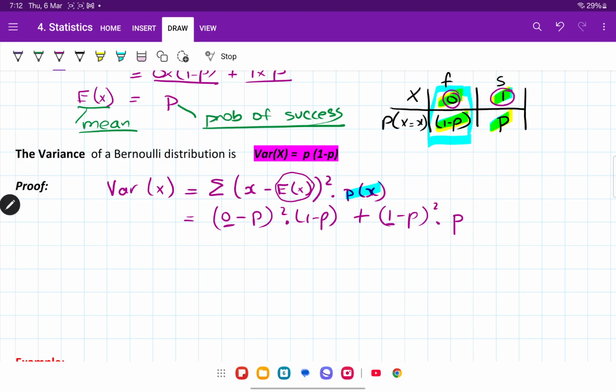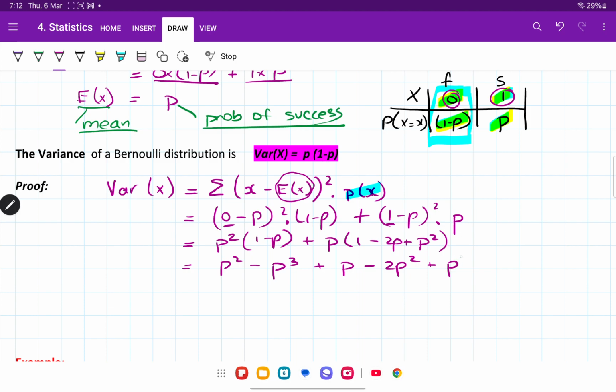All right, now a little bit of neatening up. 0 minus p is minus p, squared is just good old p squared, times (1 minus p), plus p times, let's expand this baby here, (1 minus 2p plus p squared). If we expand and simplify that, we get p squared minus p cubed plus p minus 2p squared plus p cubed.